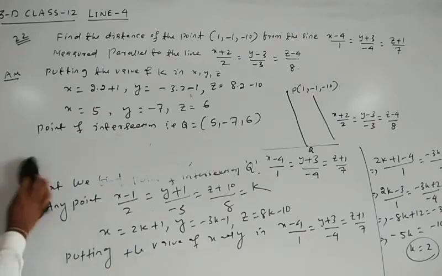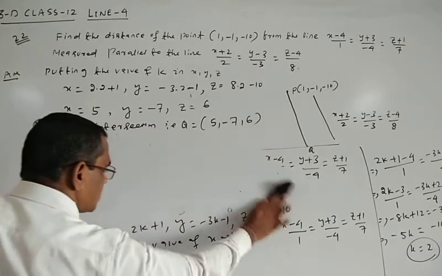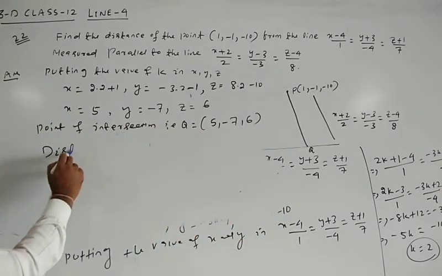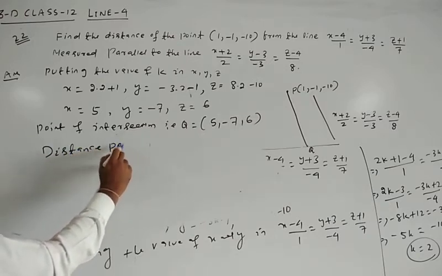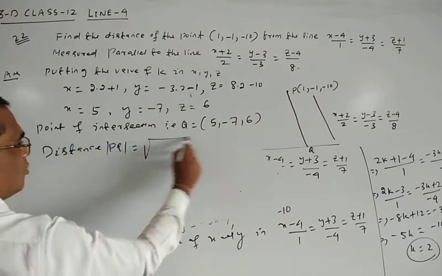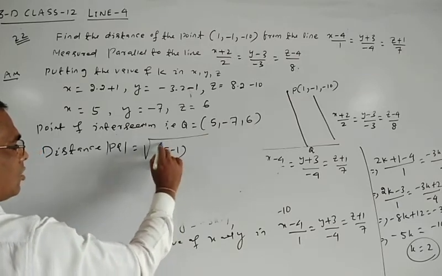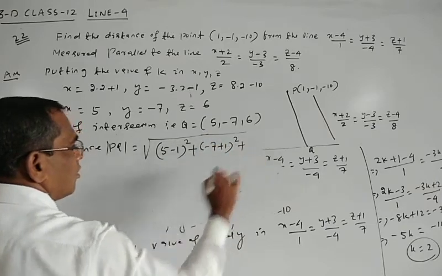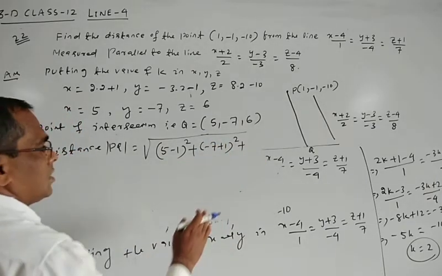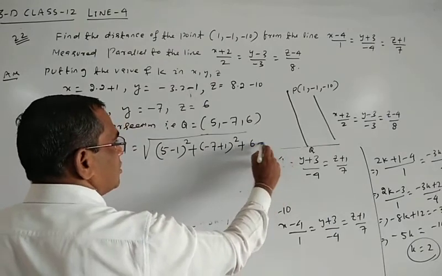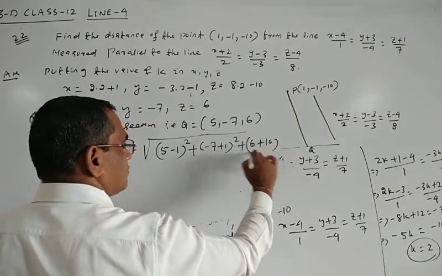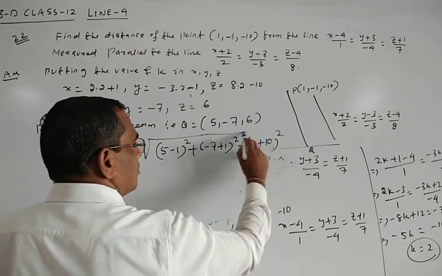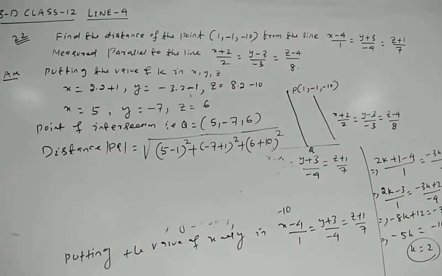Next, distance PQ. Distance PQ is equal to the root of (5 minus 1) squared plus (minus 7 plus 1) squared plus (6 plus 10) squared, since 6 minus of minus 10 is 6 plus 10.